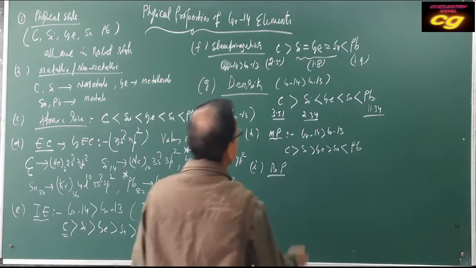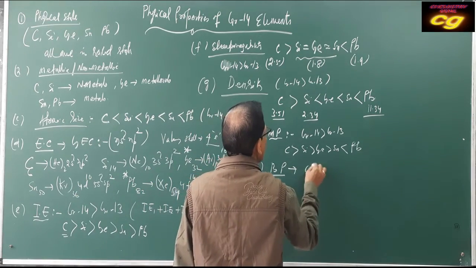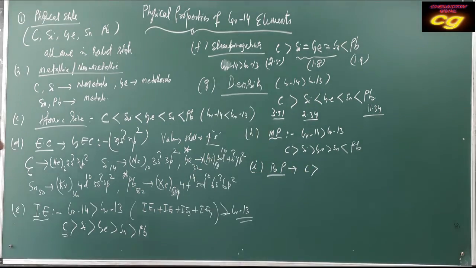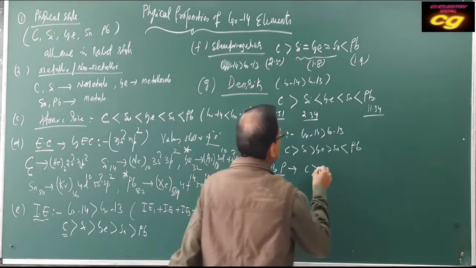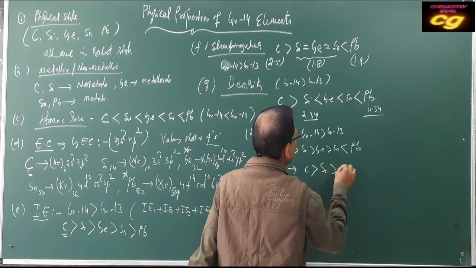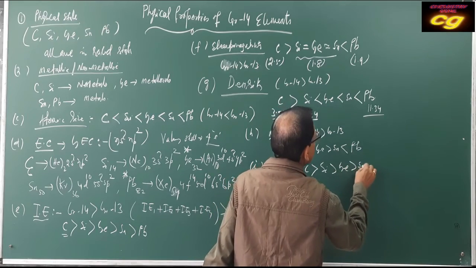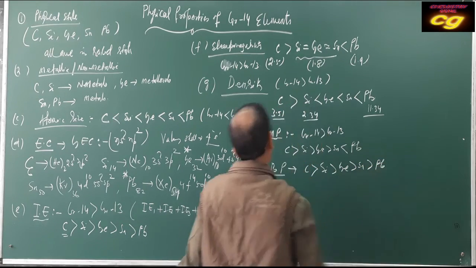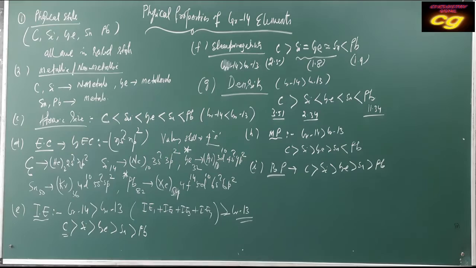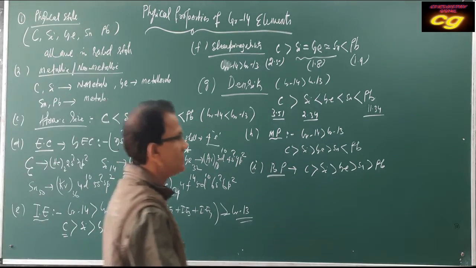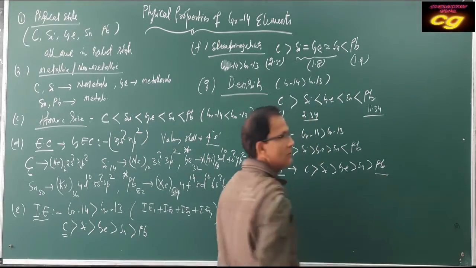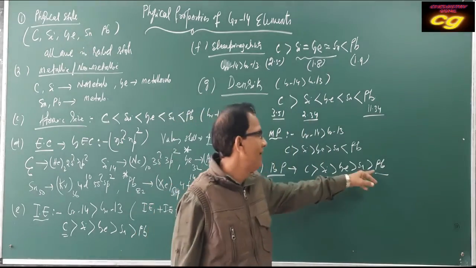The boiling point order is decreasing order. So carbon greater than silicon, greater than germanium, greater than tin, greater than lead. The boiling point of lead is least, decreasing due to large size.